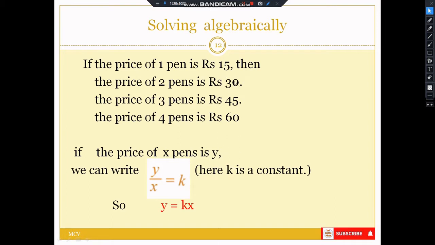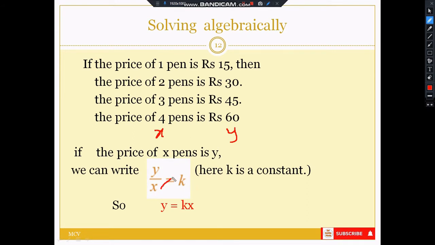When you divide one quantity by the other quantity, that means y divided by x, we got here price as y, number of pens as x. When you divide y by x, always here we got 15. That means constant. Here this constant we name as k. So y over x is k.